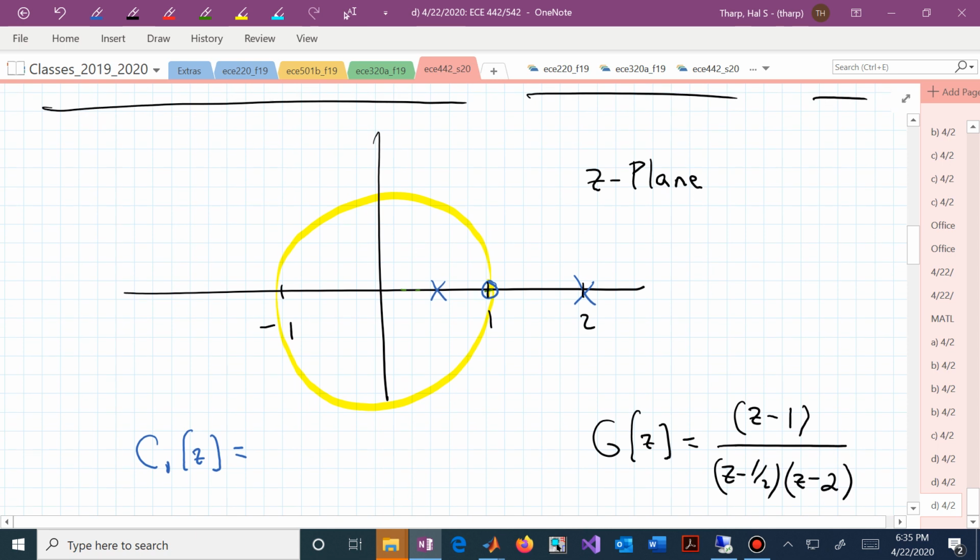Here is our system. We have a 0 at 1, an unstable pole at 2, and we know what's going to happen if we just used a gain in our controller. So now what do we do? Well, we are trying to eliminate always being stuck between 1 and 2.